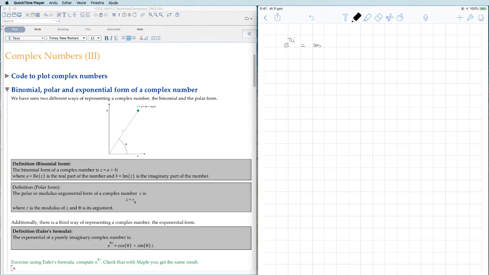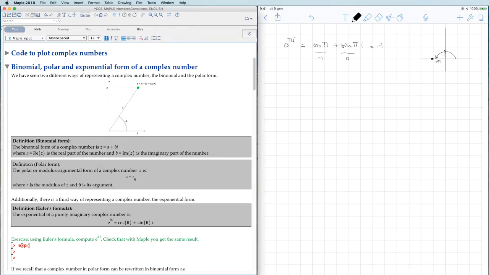Using the formula we get cosine of pi plus sine of pi times i. If we have a look at the number with argument pi, the sine, which is the height, is 0 and the cosine is -1, so we get -1. If we check it with Maple, the exponential of pi i, we get -1.